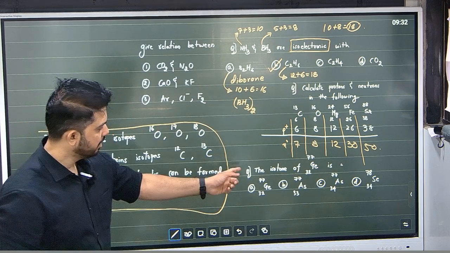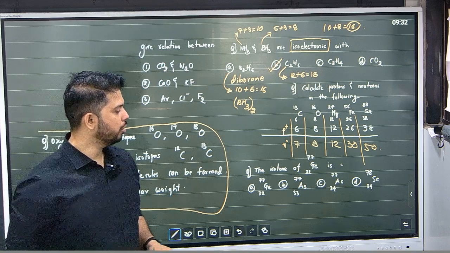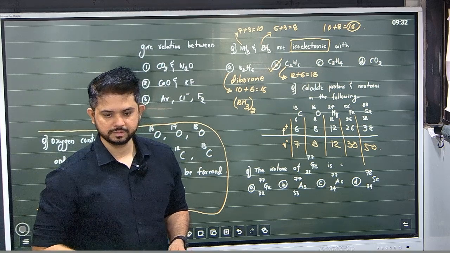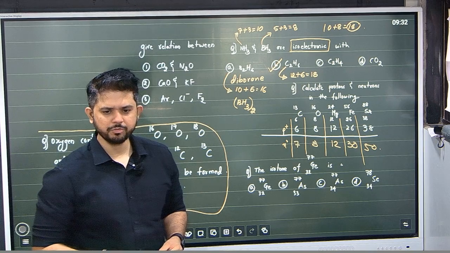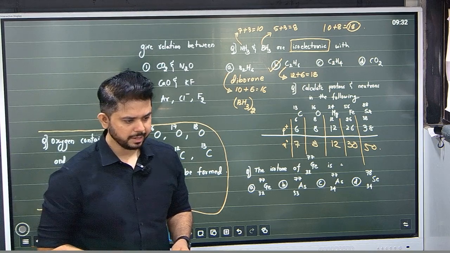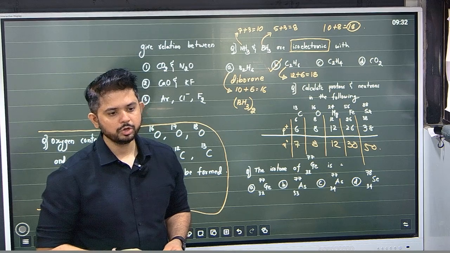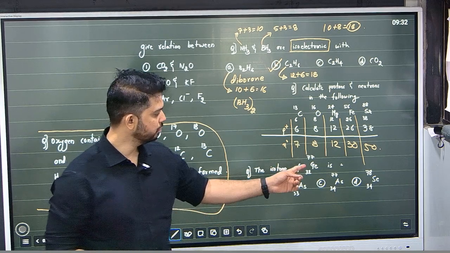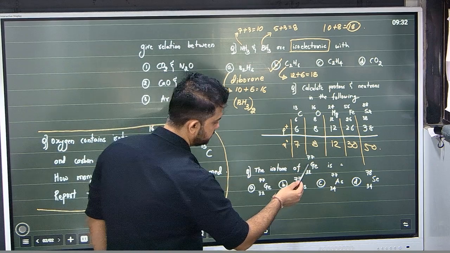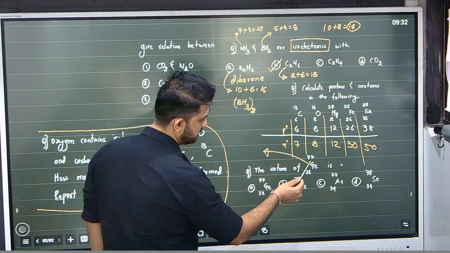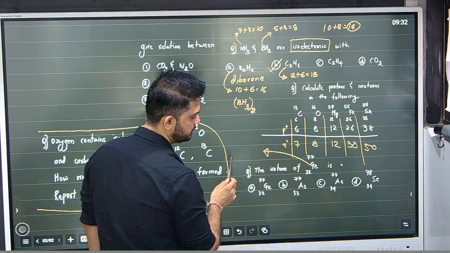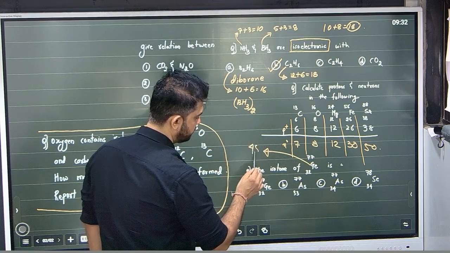The isotone of germanium 77, 32. How do you find isotones? Same number of neutrons. So how many neutrons were there here in germanium? 45. 77 minus 32 is 45.